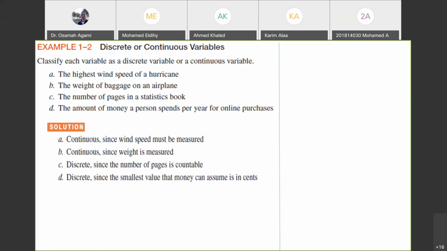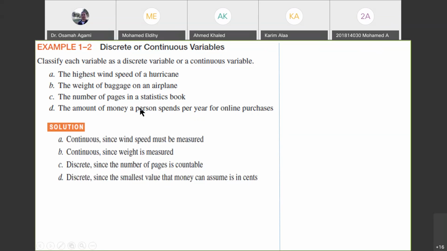I spend 15,000 per year. Omar spent 20,000 or 17.5, right? But there is no one between us, right? There is a gap between me and Omar. This is the main point between discrete and continuous.